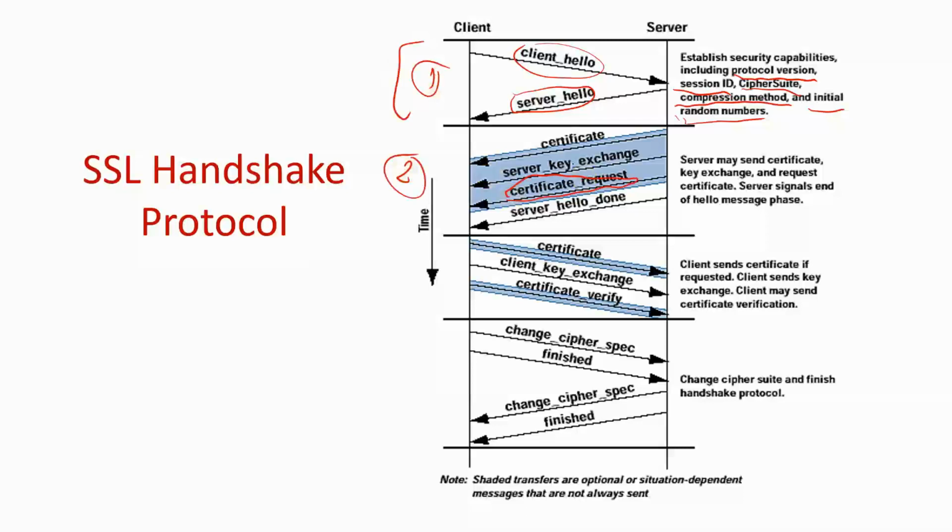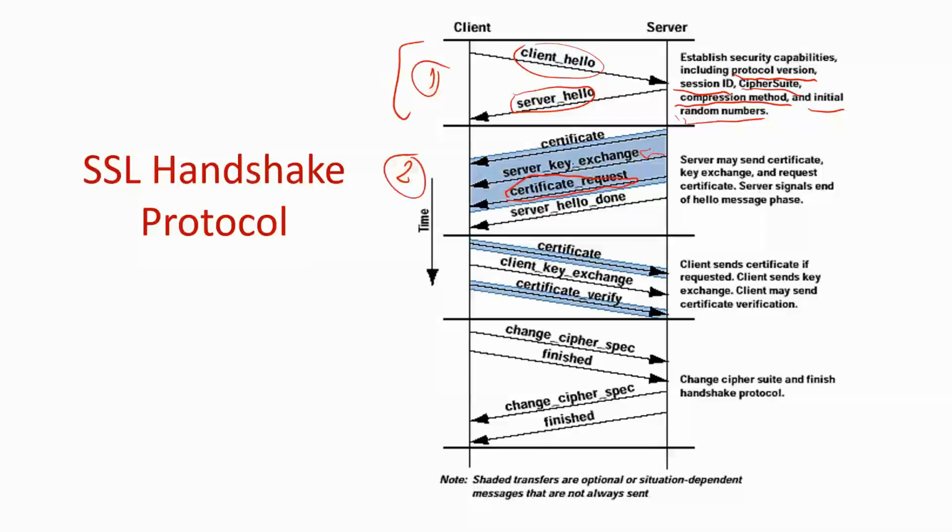In the message that is labeled a server key exchange, the server will send all the information necessary for the client to calculate the key that the server will use to encrypt and to provide integrity. Okay, so if it's Diffie-Hellman, for example, it will send the prime number, the prime root, and it will send also the public key.